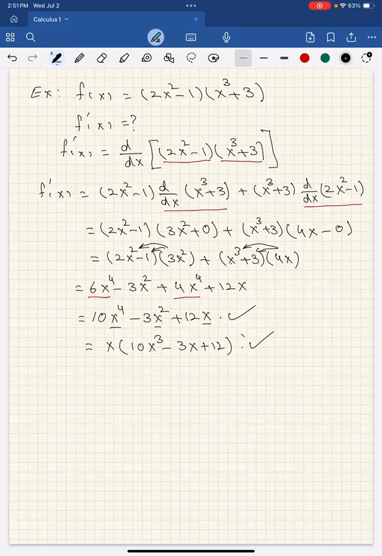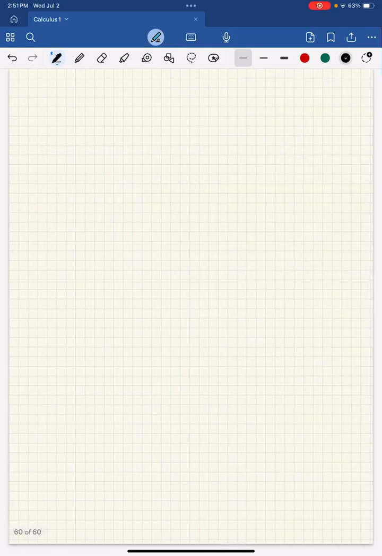Let's do another example for you. Example number 2 or number 3, whatever the example is. F of x equals x cubed parentheses square root of x plus 1. Here you see you cannot distribute x cubed first to make it simple.